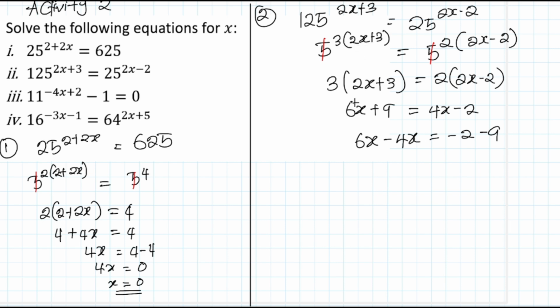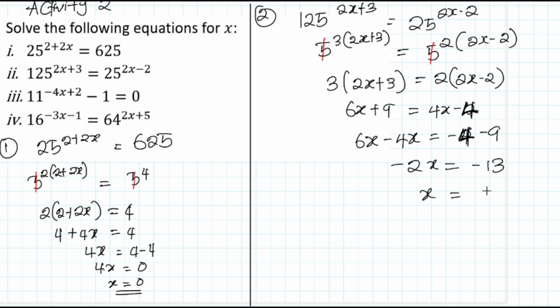So 3 times 2 is 6, 3 times 3 is 9, 2 times 2 is 4, sorry. So this is 4. So we have minus 2x equals minus 13, right?